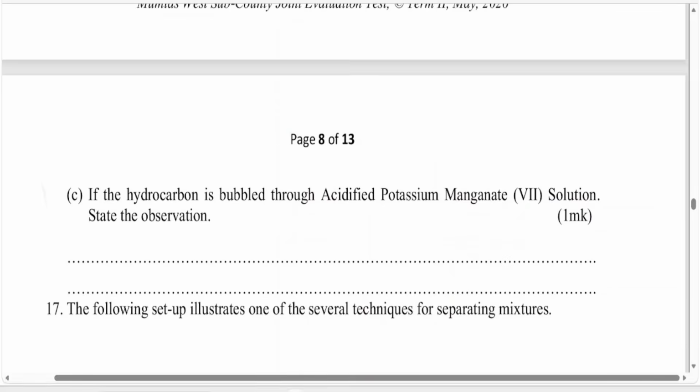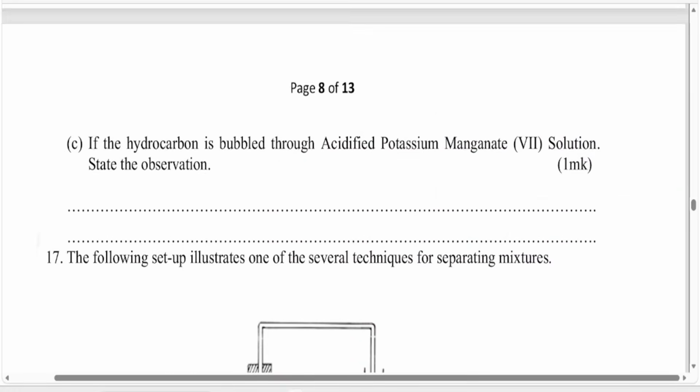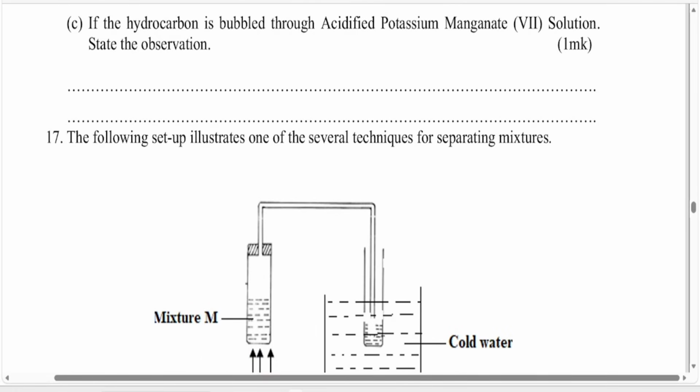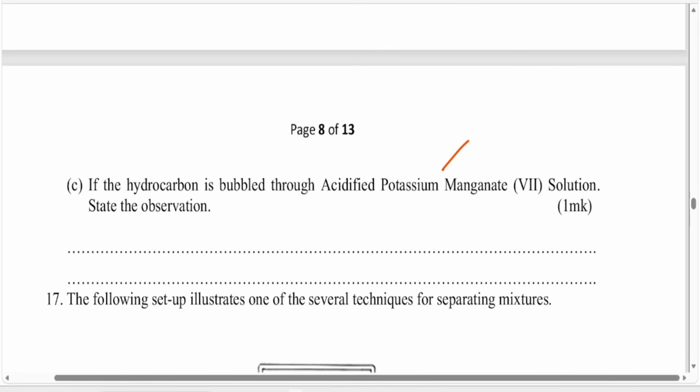Let's now move to part C of this question. If the hydrocarbon is bubbled through acidified potassium manganate 7 solution, state the observation made. Learners, we need to understand that this particular hydrocarbon that we have just identified is supposed to be an alkyne.